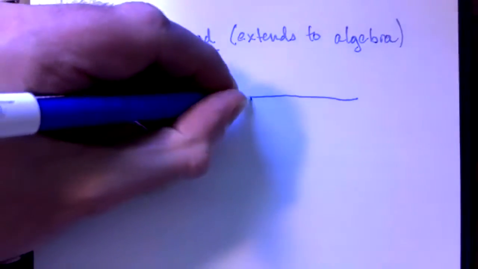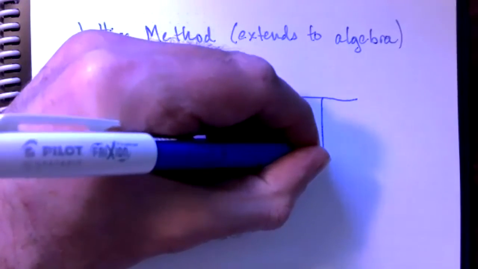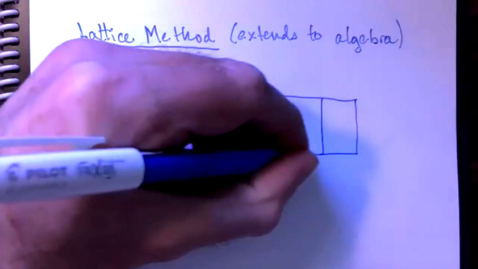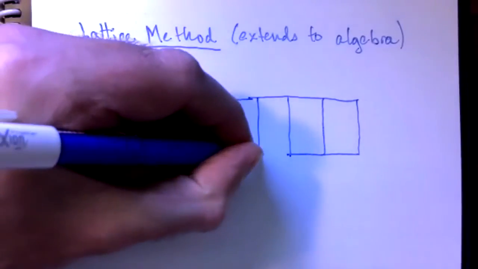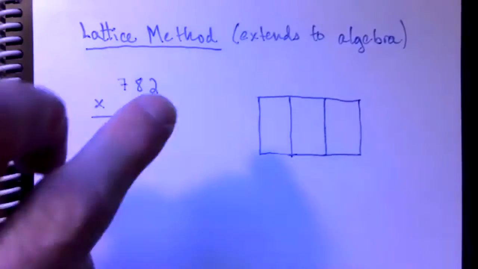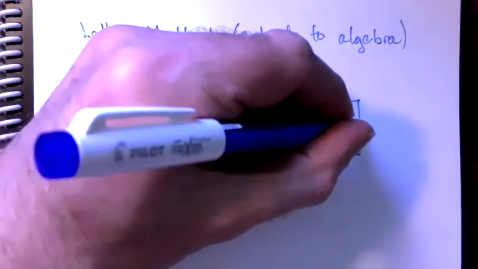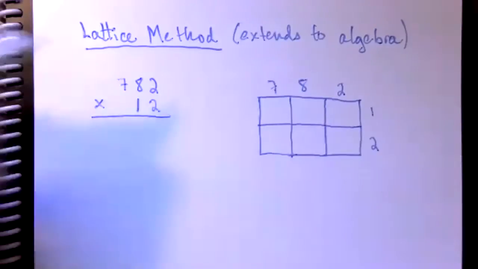Okay, so to do the lattice method, here's what we're going to do. We're going to make a little grid. Okay, so 7, 8, 2, 1, 2.